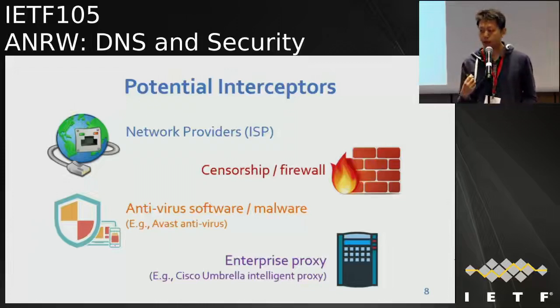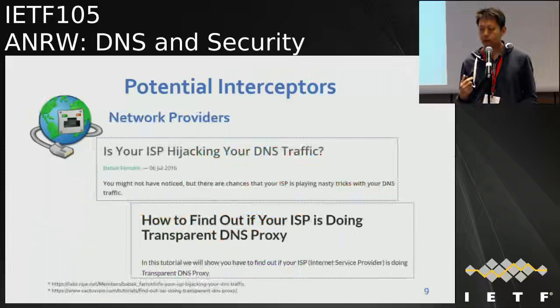Antivirus software and malware do it, and enterprise proxies are doing that too. As an example, for the ISP, there have been some reports and news about these practices, and this type of middlebox is named a transparent DNS proxy by those parties. So it's something known to the community, but in this work, we try to do a large-scale, more comprehensive analysis instead of individual news reports. That's the main contribution of this work.